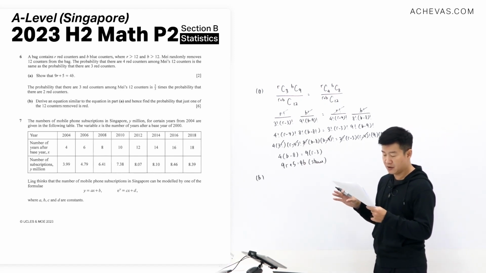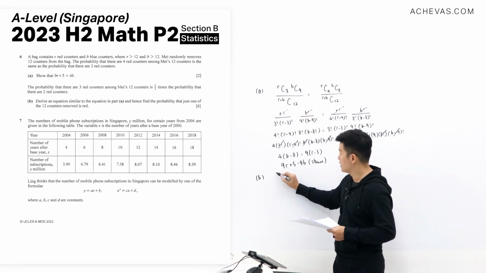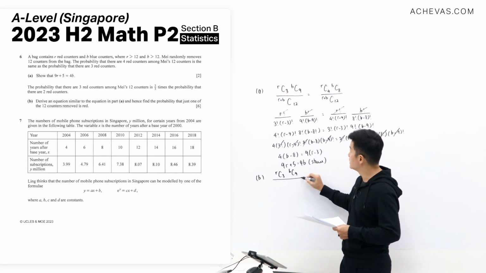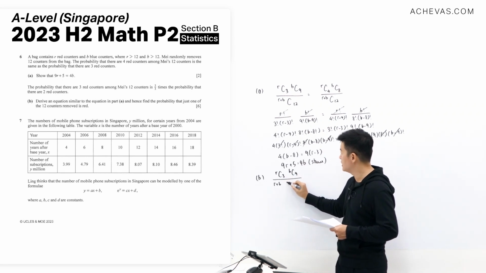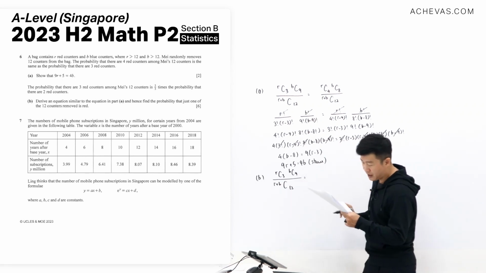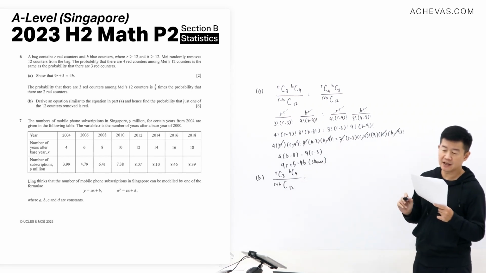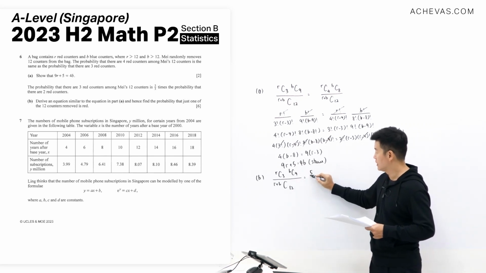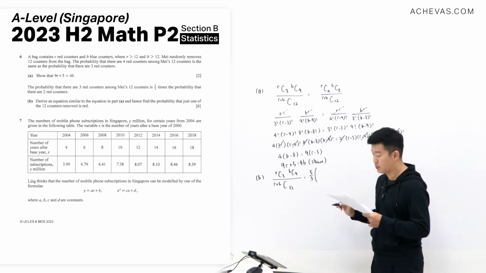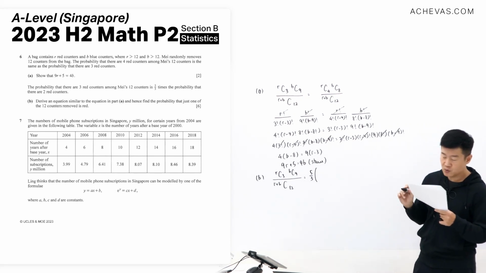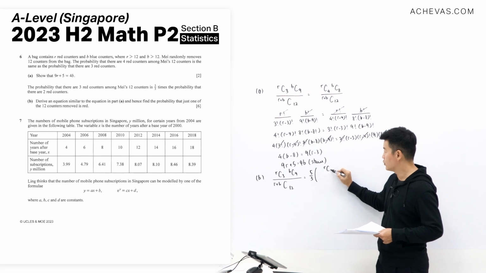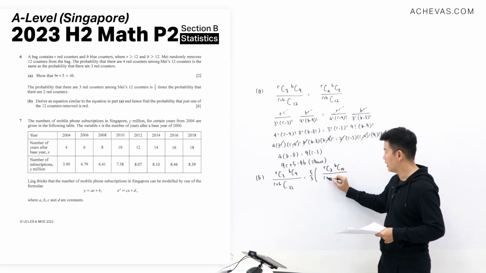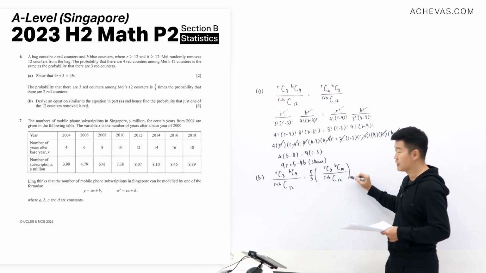For May to be getting 3 red counters, it will be R choose 3, then B choose 9, divided by R plus B choose 12. And for May to be getting 2 red counters, that will be R choose 2, then B choose 10, divided by R plus B choose 12.